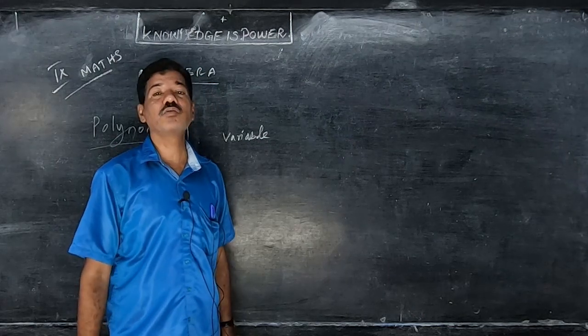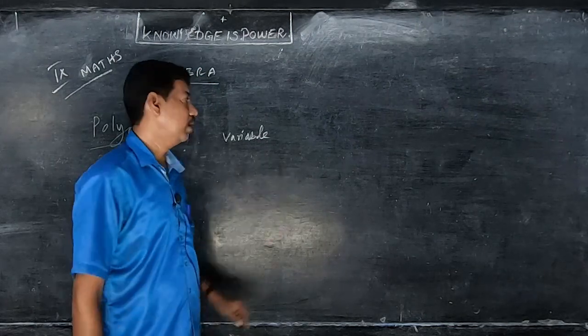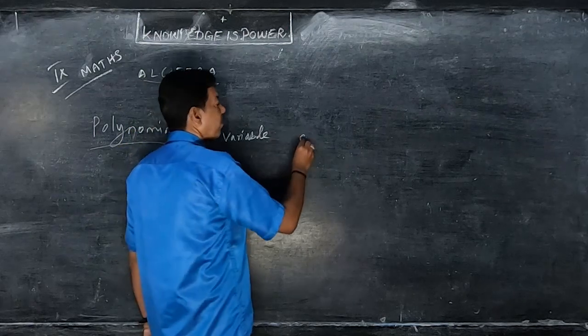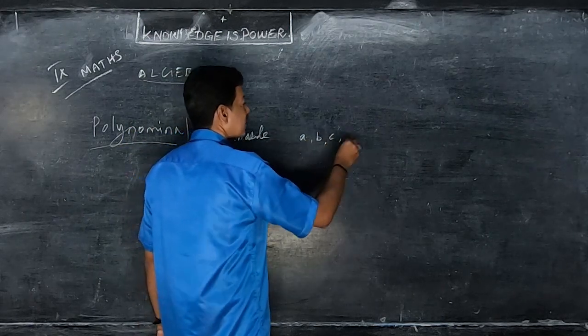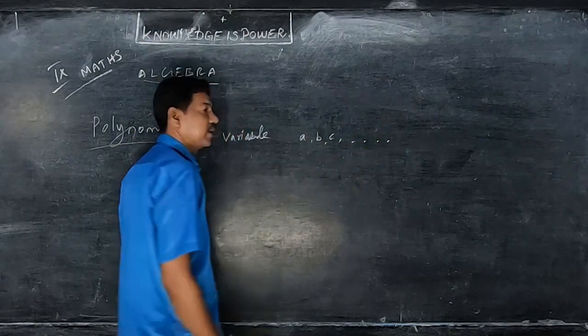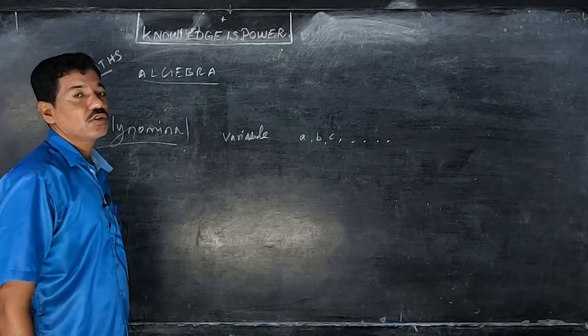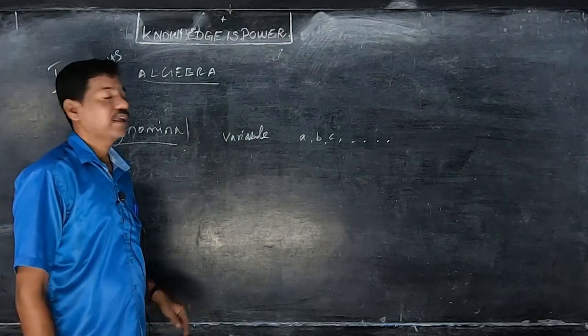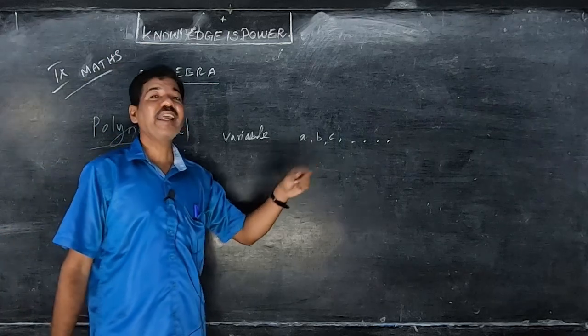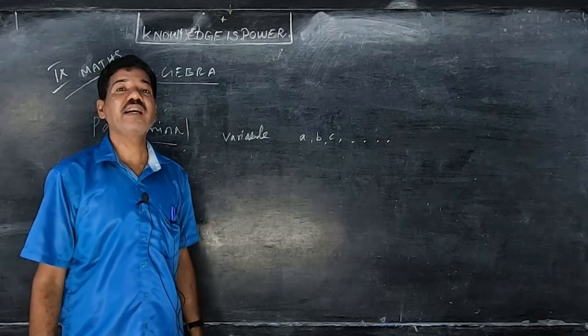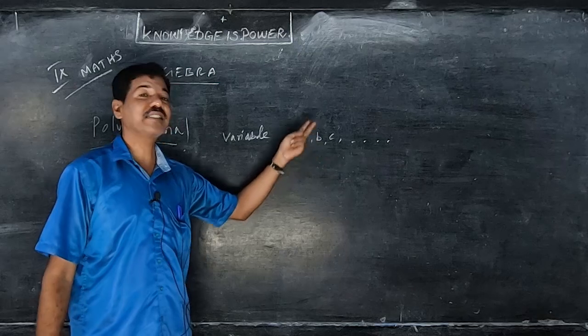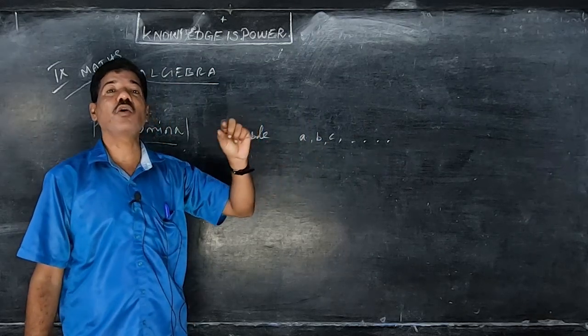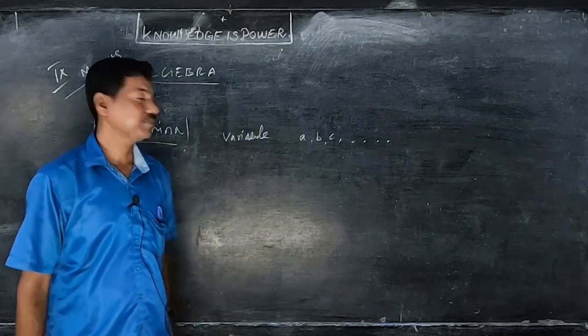That will be given in the form of letters A, B, C, anything, X, Y, Z, whatever. A will take any value, like that B, C. That's why it is called a variable.